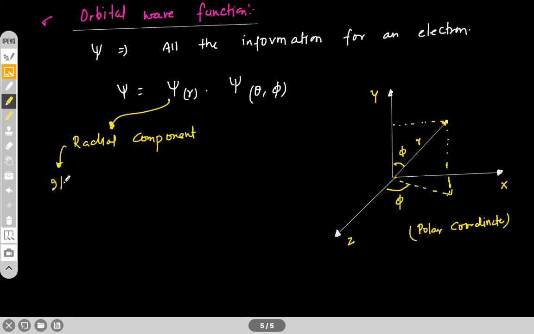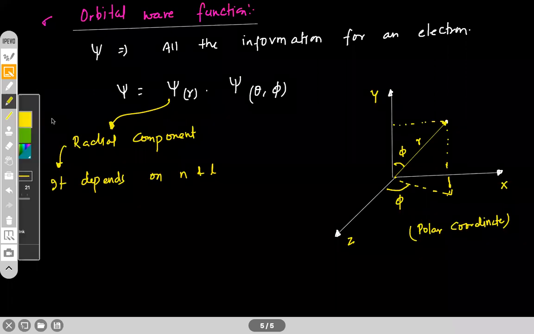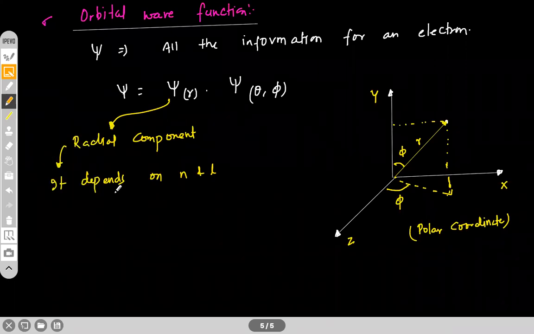It depends upon n and l, the principal quantum number and azimuthal quantum number. Hence, it gives us an idea about the size of the orbital.